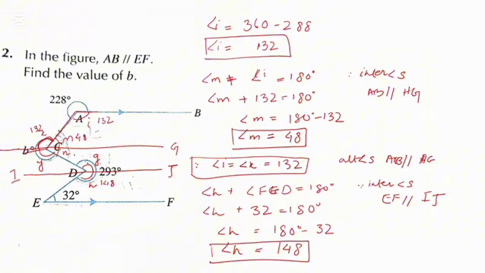Now we can easily find the remaining part of this angle, because as we know the complete angle is 293 degrees, and we already found out that H is equal to 148 degrees. So angle G would be 293 minus angle H, that is 148.